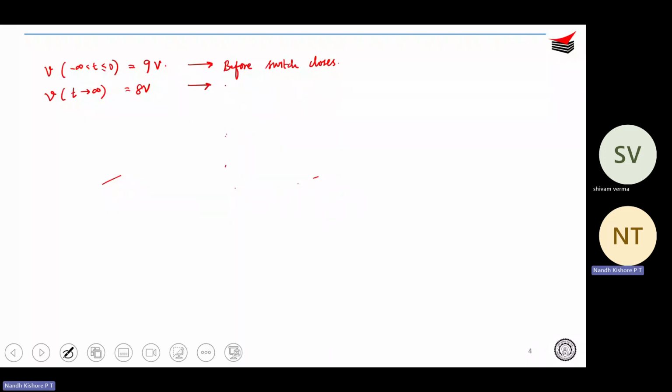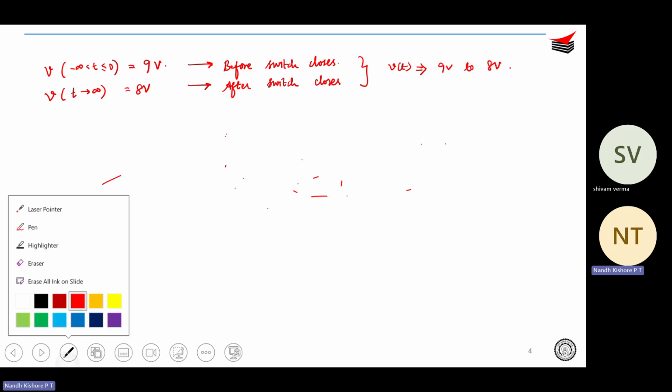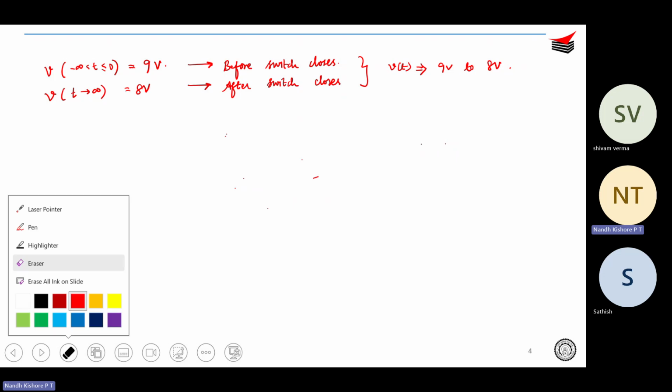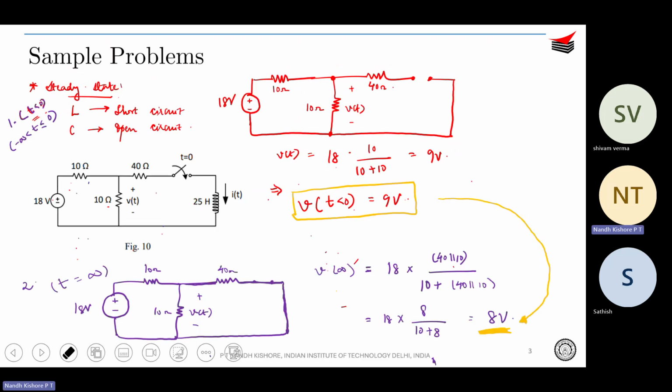This is steady state after the switch closes. So you understand that basically your V of t is going to go from 9 volts to 8 volts. That's it. Okay. There is just a transient that is going to happen, and your voltage is basically going from 9 volts to 8 volts. Okay. So now we are done with the first step.